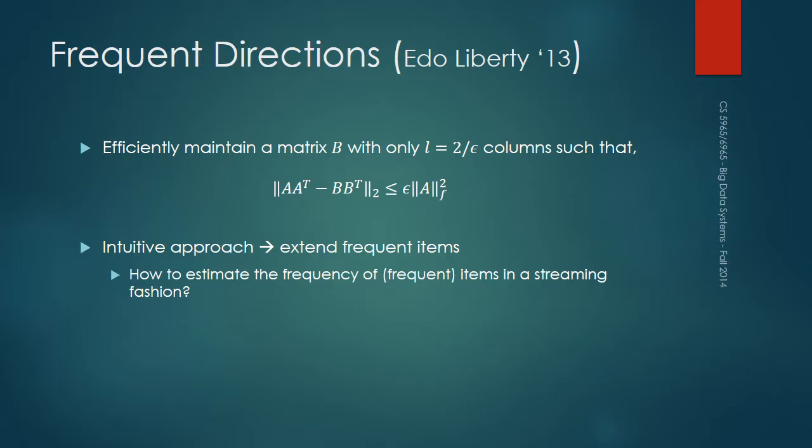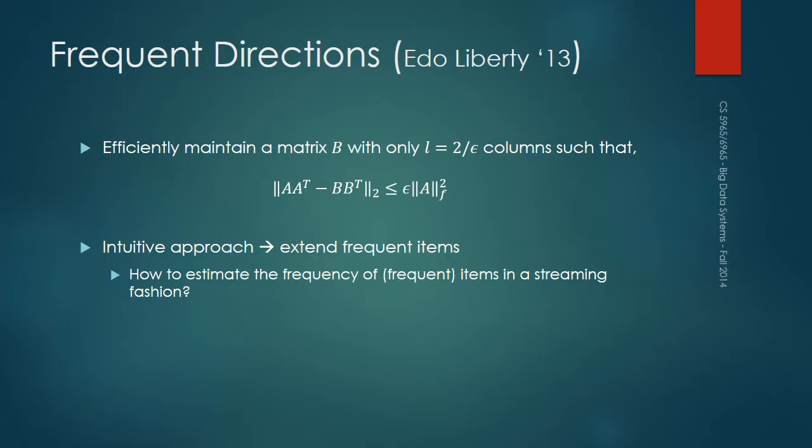Typically when we talk about approximation algorithms, we give it a parameter which we can adjust. The more columns we retain, the better the approximation. Intuitively that should make sense: the less I get rid of, the better my approximation is.